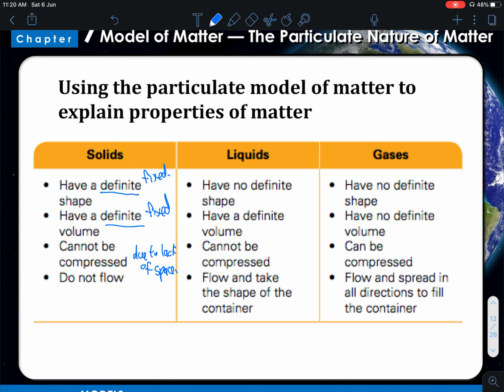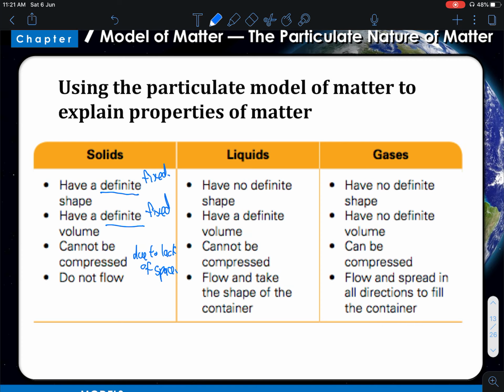If we look at liquid, they have no definite shape. What is meant by no definite shape for liquid? It is able to take the shape of the beaker or the container it resides in. And this is mainly due to the amount of spaces available for it to move around and also the forces of attraction between the particles. The particles are not heavily attracted to each other, so they tend to be able to break free a little bit and take the shape of the container.